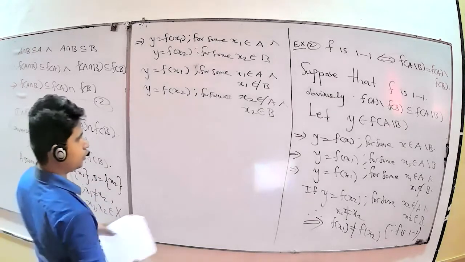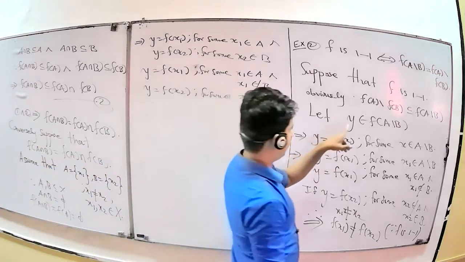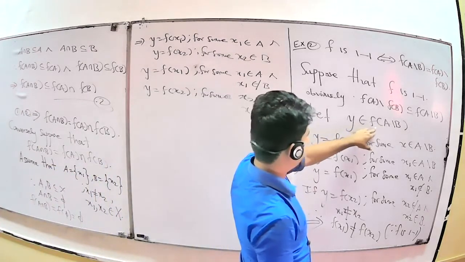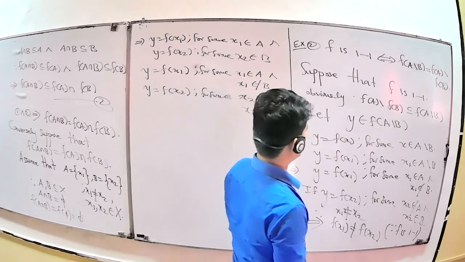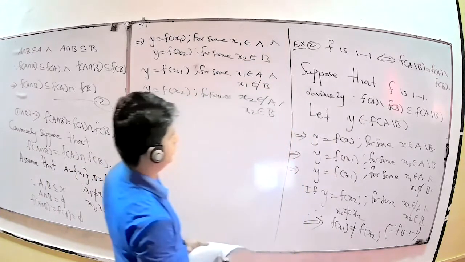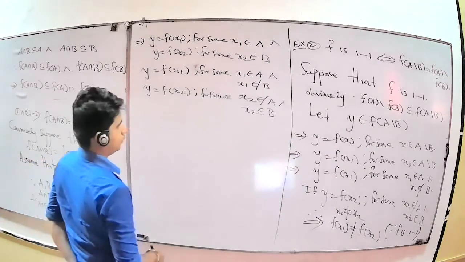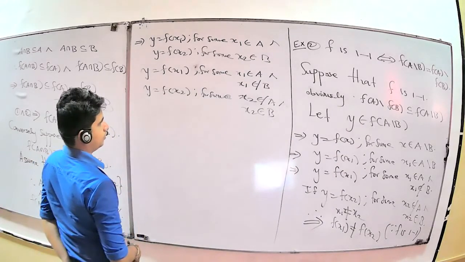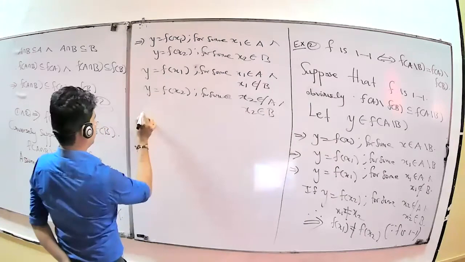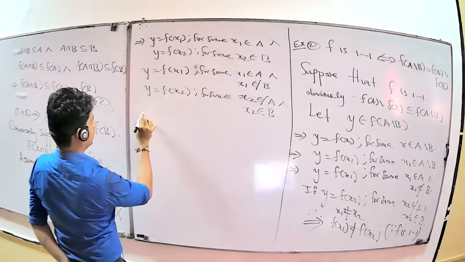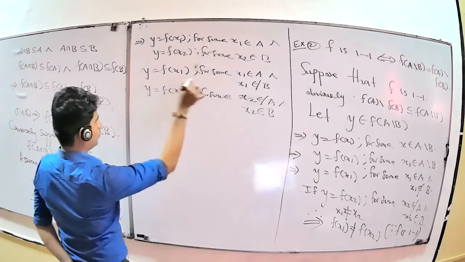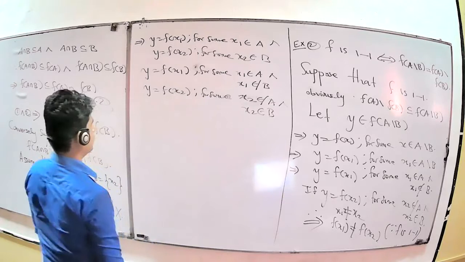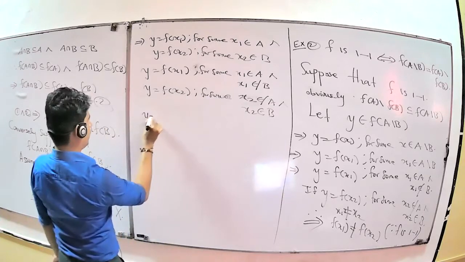Now your claim is that you want to show that y belongs to f of A minus f of B. That means first, if x1 belongs to A and x1 does not belong to B, you take f of x1.